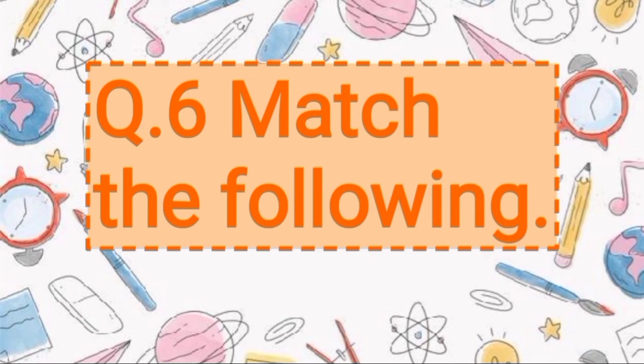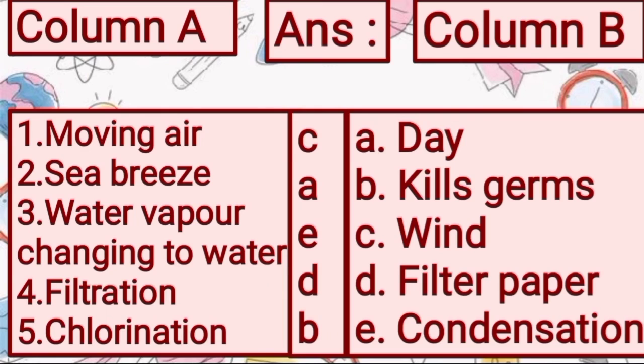Now let's solve question 6. Match the following. Now from column A, first is moving air. So as you know, air is all around us and we can feel it also when it blows.